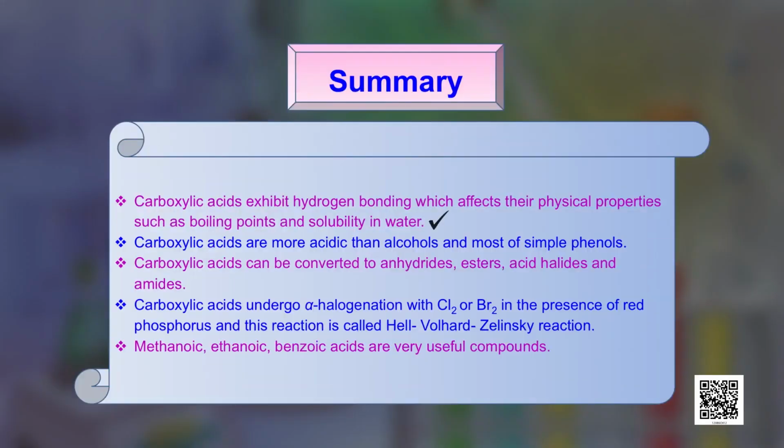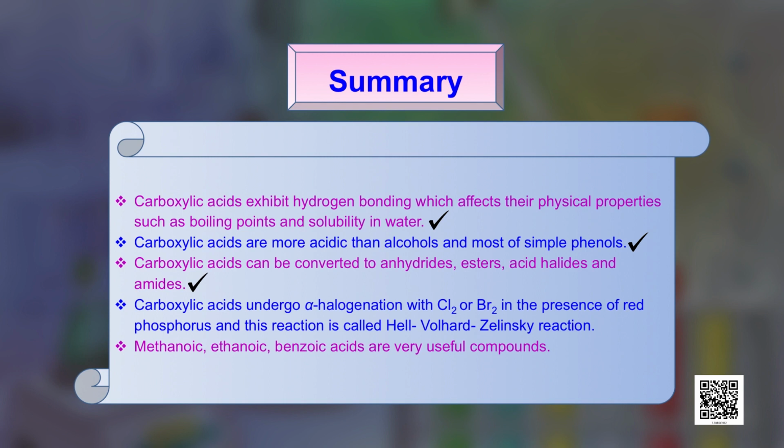And now we will summarize the important key points of this session. Carboxylic acids exhibit hydrogen bonding which affects their physical properties and boiling points as well as their solubility in water. Carboxylic acids are more acidic than alcohols and most simple phenols.